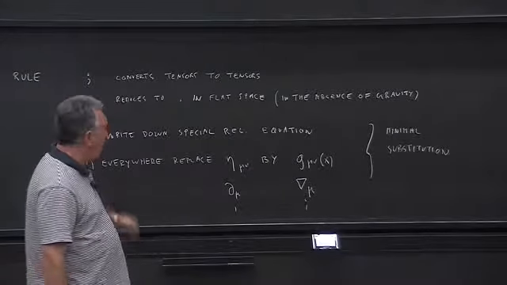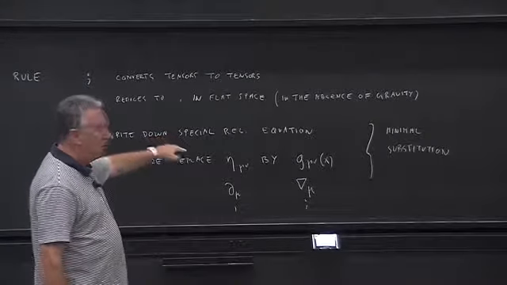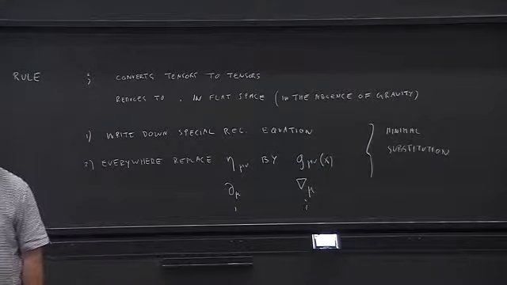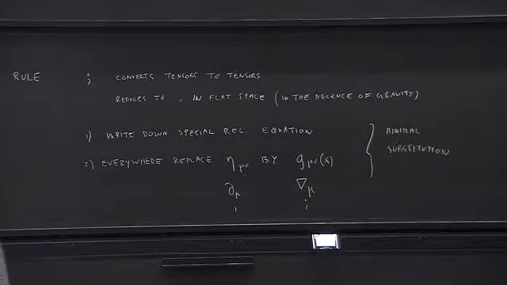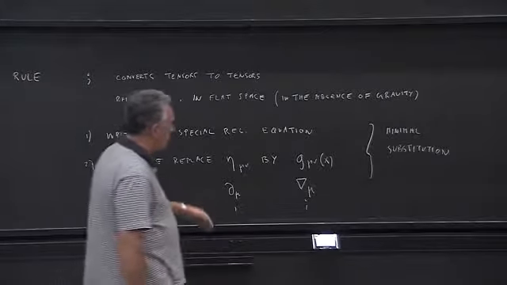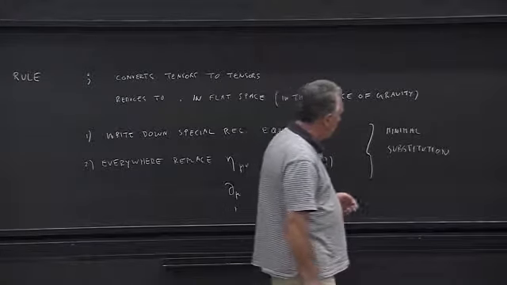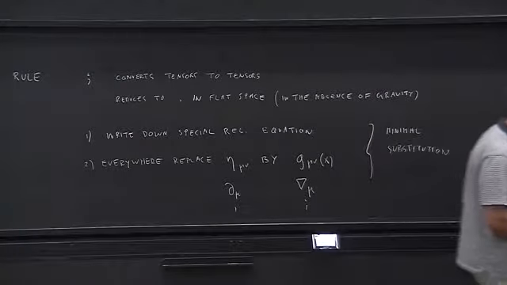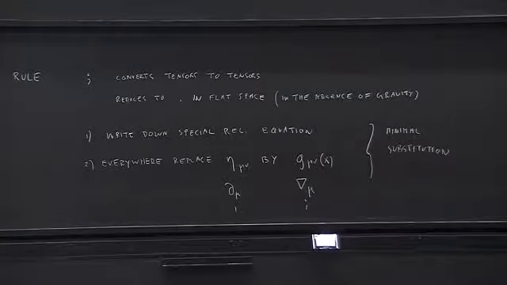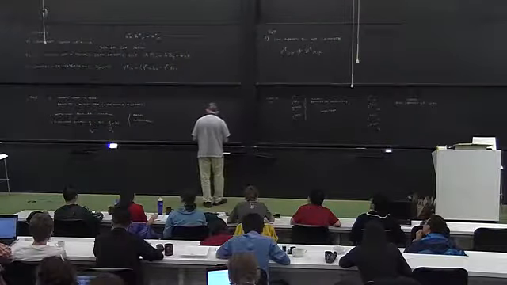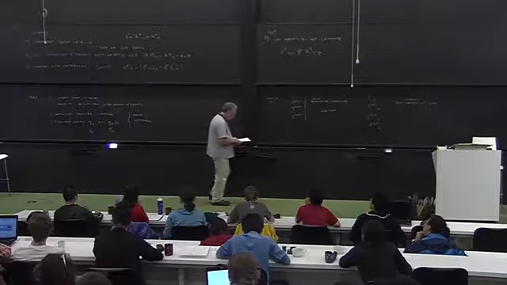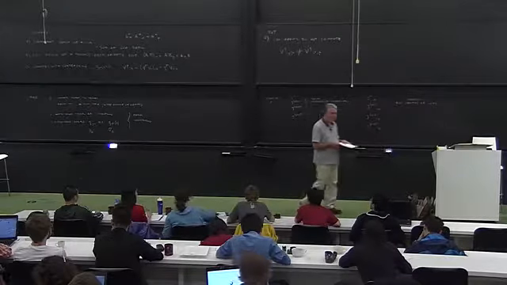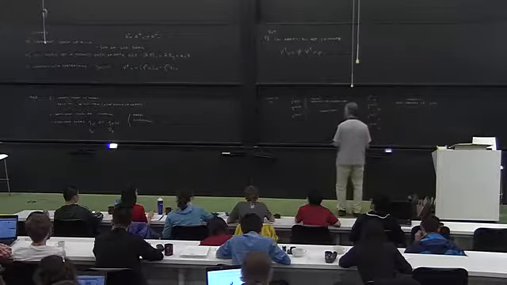That would still satisfy the requirement that you reduce to the familiar equation in the absence of gravity. So that's why it's not quite unique. But this prescription is, on the whole, a reliable one, and that's all you need to do. Let's apply that rule to a case we're familiar with, Maxwell's equations.